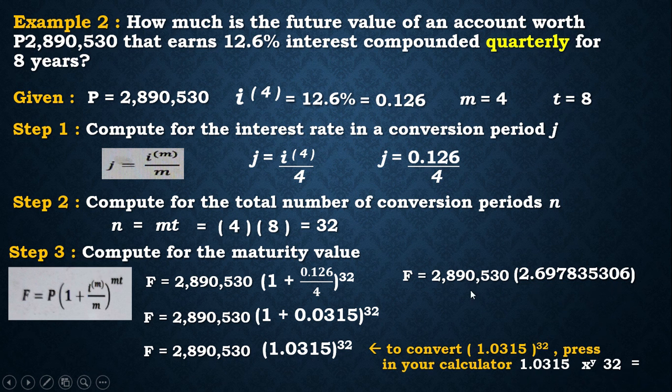Ang next step po, imamultiply po natin yung 2,890,530 sa 2.697,835,306. At ang maturity value po natin ay 7,798,173.89. So, minultiply po natin itong dalawa. Ito po ang lumabas. And that is the answer for example number 2.